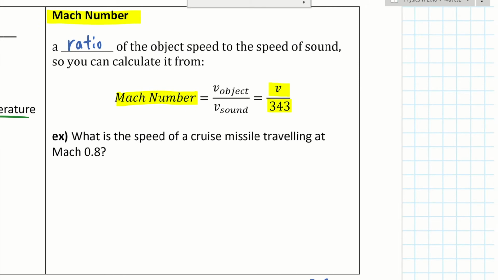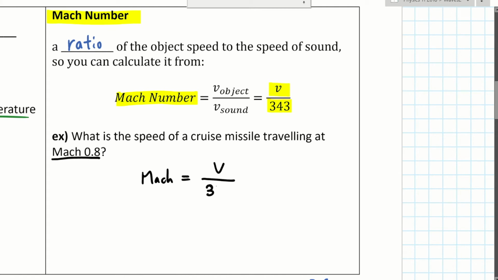So for example, we'll do this one example, which is really quick. If you have a cruise missile that can go at Mach 0.8, how fast is the missile going? Well, that means it's going at 80% of the speed of sound, right? So the Mach number is equal to the speed of the object divided by the speed of sound at room temperature, which is 343.